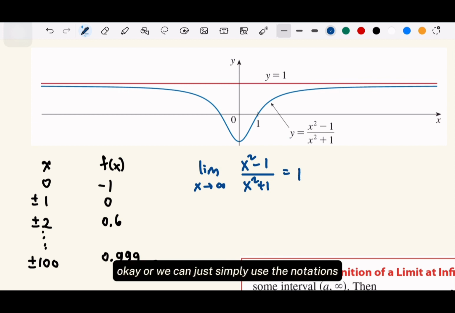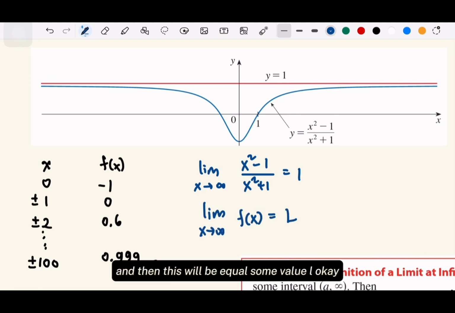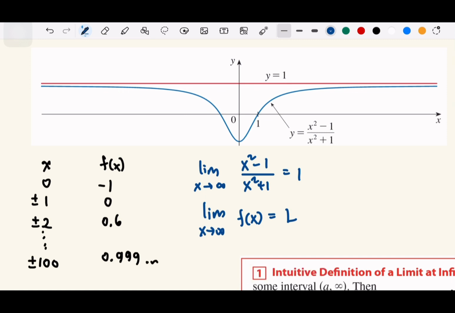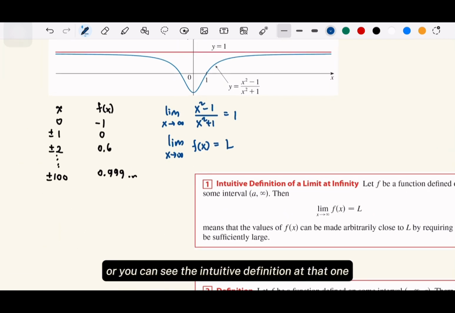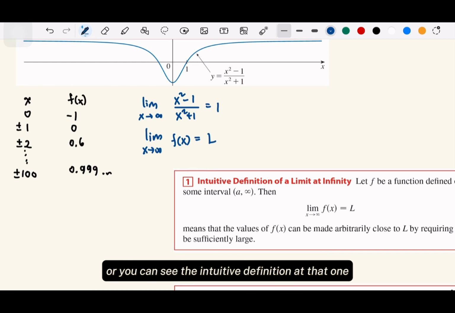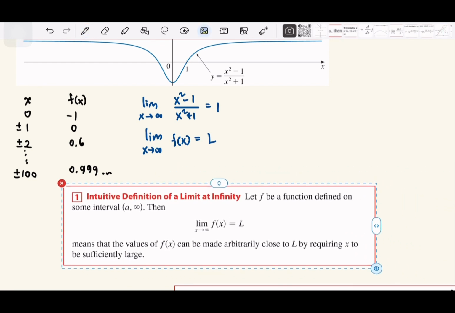Or we can just simply use the notation: the limit of f of x equals some value L. Or you can see the intuitive definition at that one.